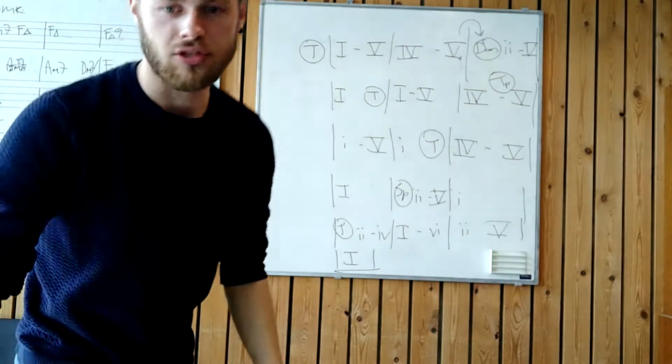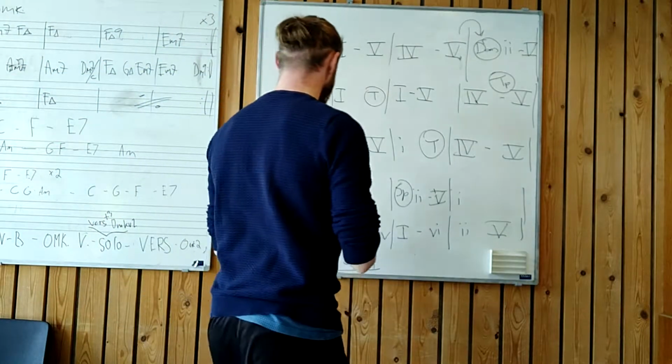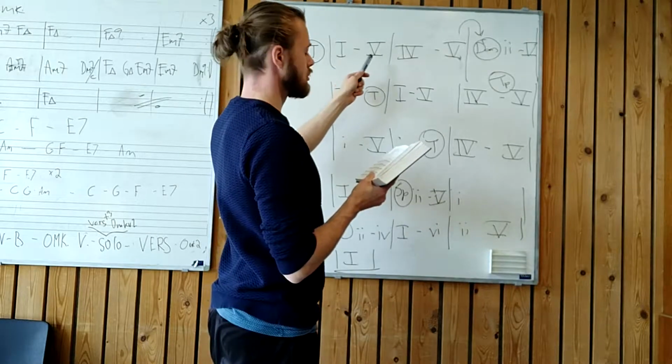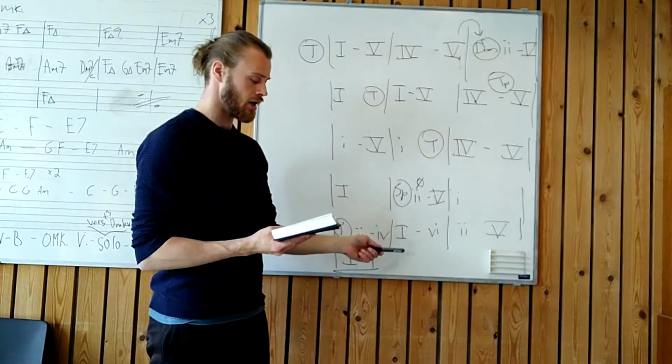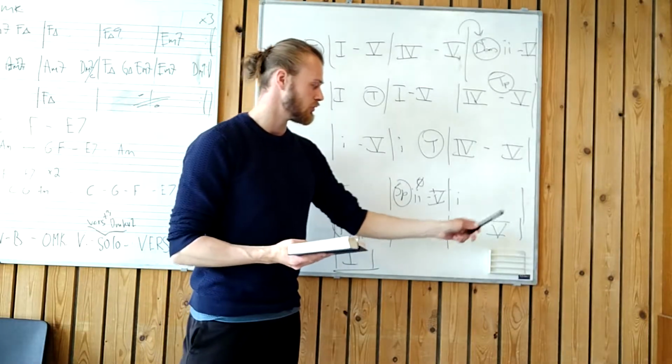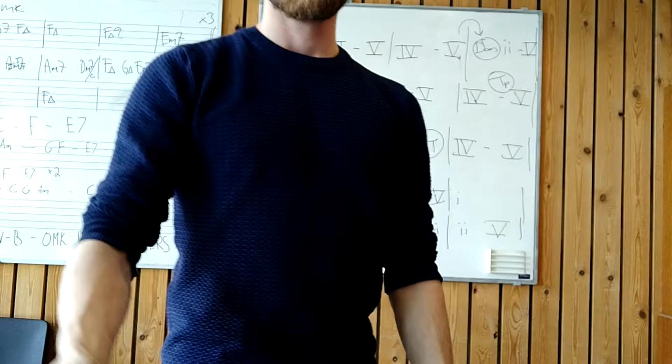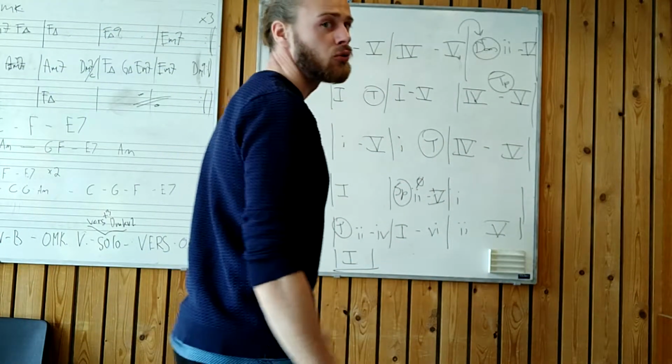I have to check whether this is correct. 1, 5, 4 and a 6, 2, 5, 1. That's exactly what is written within this book. Okay, I had to look once.